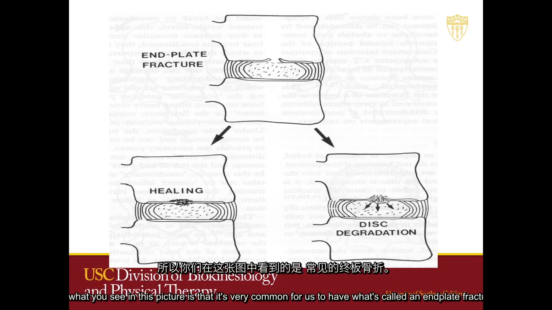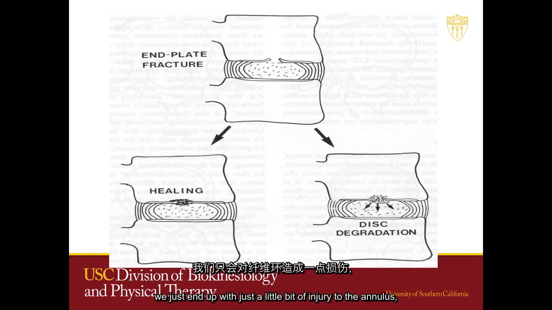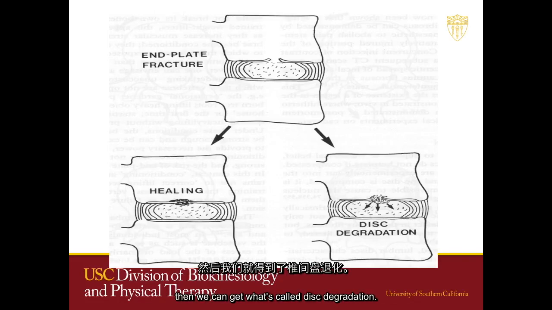So what you see in this picture is that it's very common for us to have what's called an end plate fracture. So if we compress the disc in a certain way, we end up with just a little bit of injury to the annulus. And the injury doesn't go outside the annulus. It literally just stays in that area. But if we end up having issues with bone and cartilage around it, then we can get what's called disc degradation.